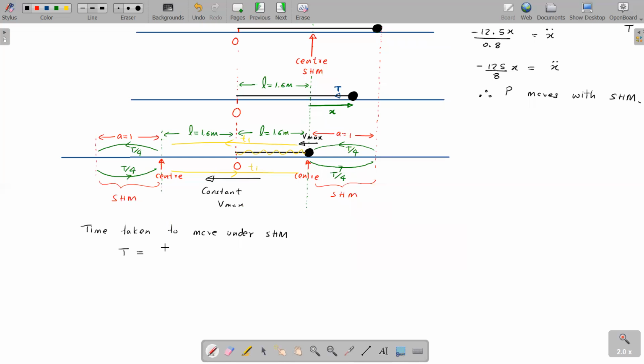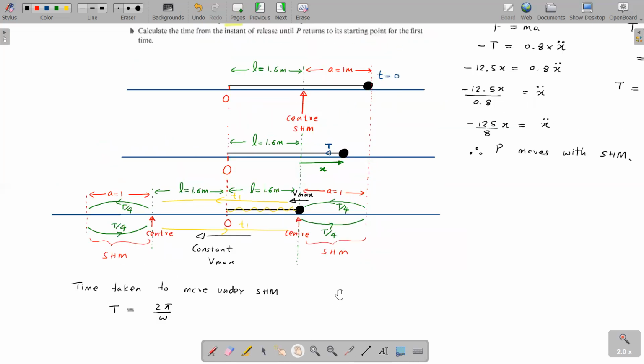So time taken is 2 pi over omega. We start from the amplitude, right? The question says very clearly we start from the amplitude.